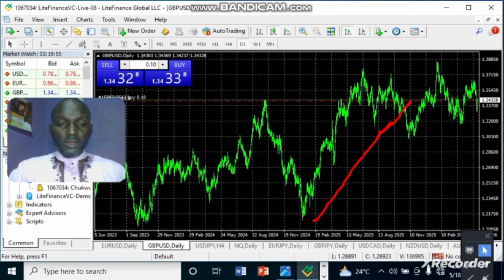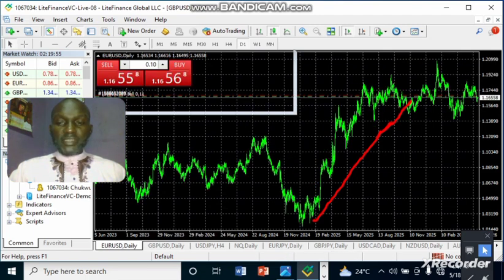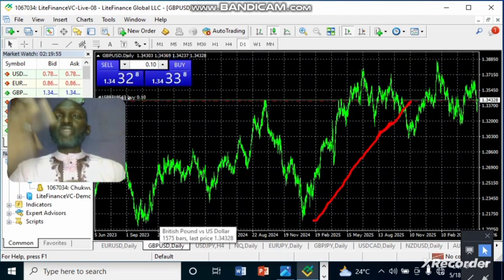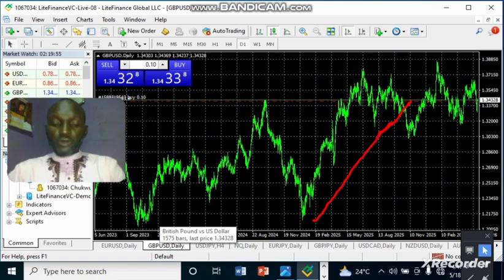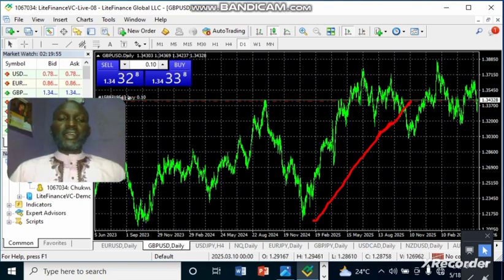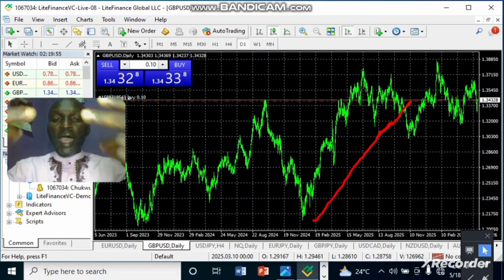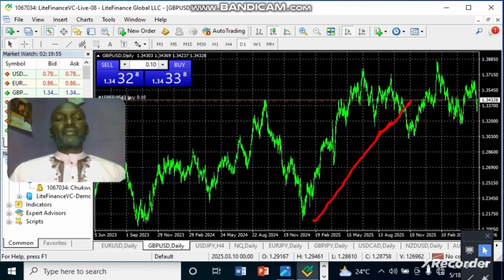When you place one lot size here and one lot size here, you're already using two lot sizes because both of them are correlated. The stop losses can get hit at the same time, because they are highly correlated.